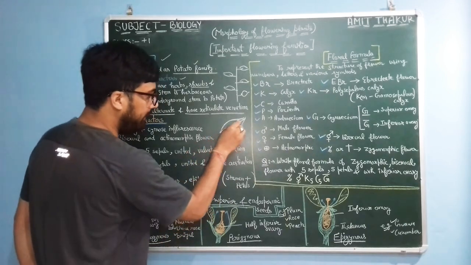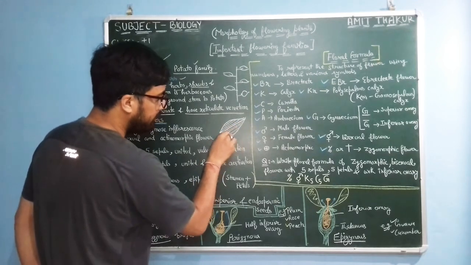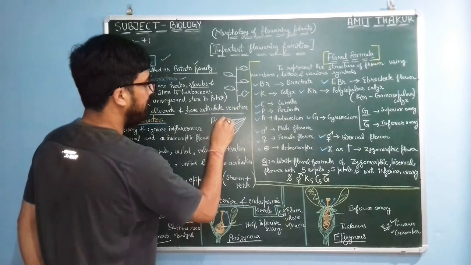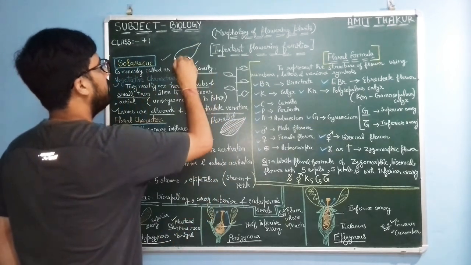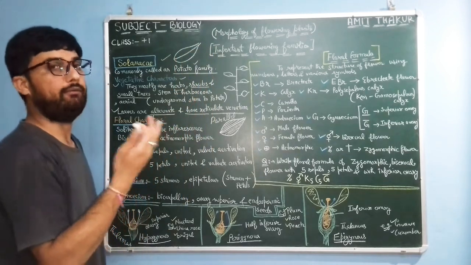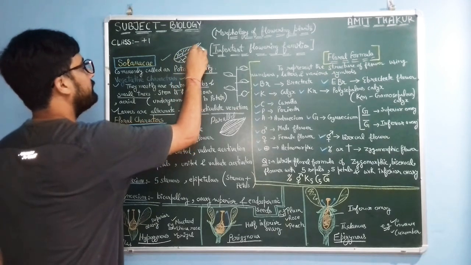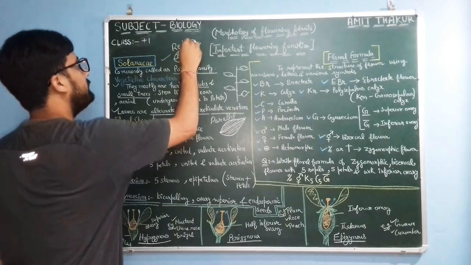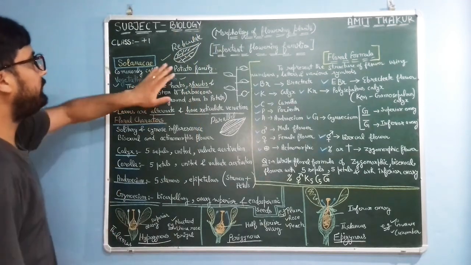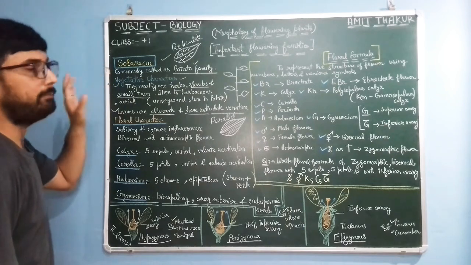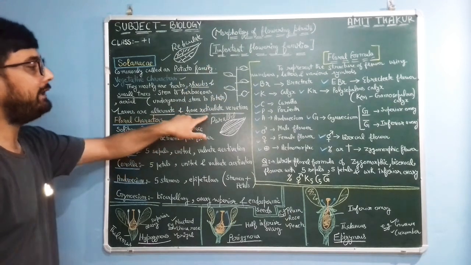If all the veinlets are parallel to the midrib like this, it is parallel venation. And reticulate is a web of veins and veinlets like this, reticulate venation. So the leaves in the Solanaceae family's plants are alternate and have reticulate venation.